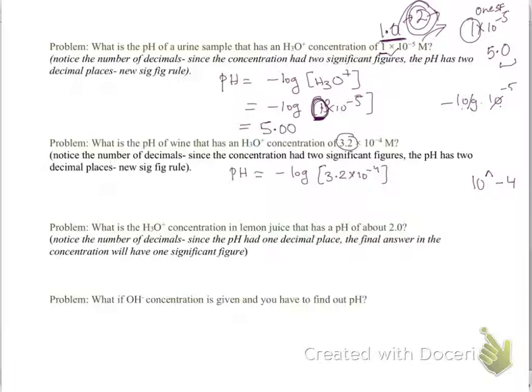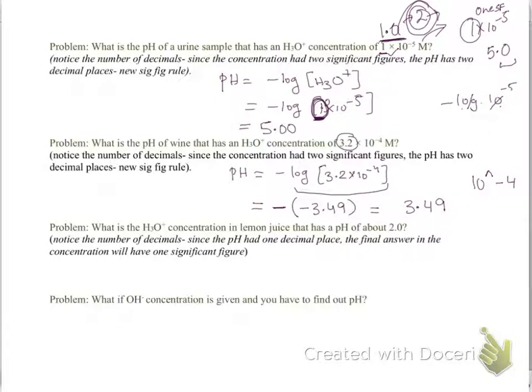So I have the calculator here. I'm putting this negative sign here, and when I type this, I'm getting positive 3.49.